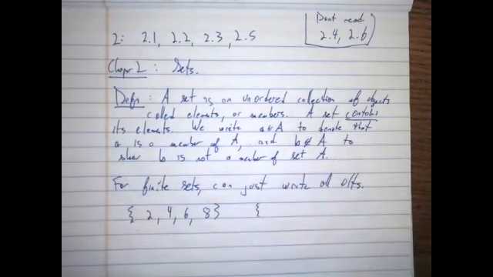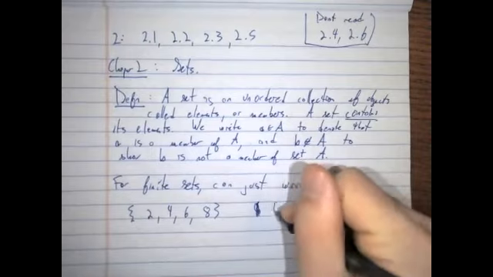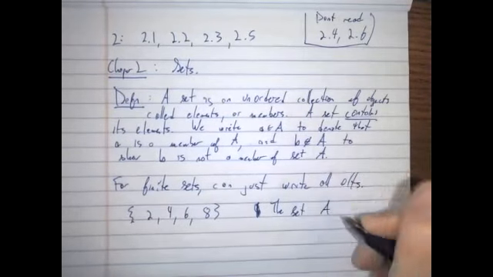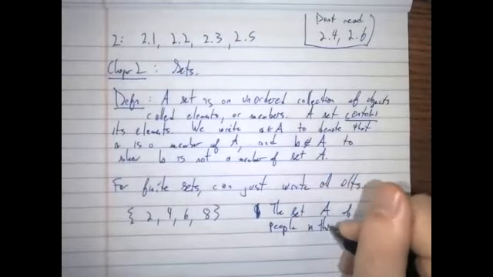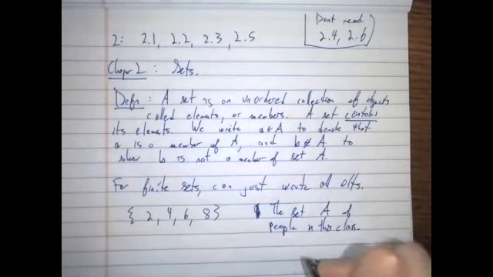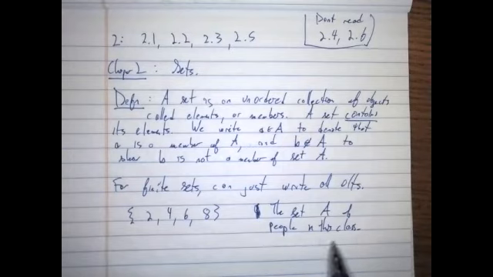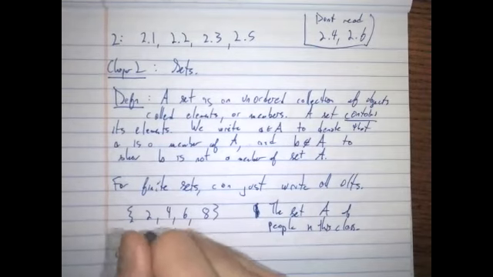I could also write the set A of people in this class. I could write this out in bracket notation and write down all of your names, but there are other ways of describing a set besides just listing all of its elements, of course, because many sets are infinite. So we could also use set builder notation.